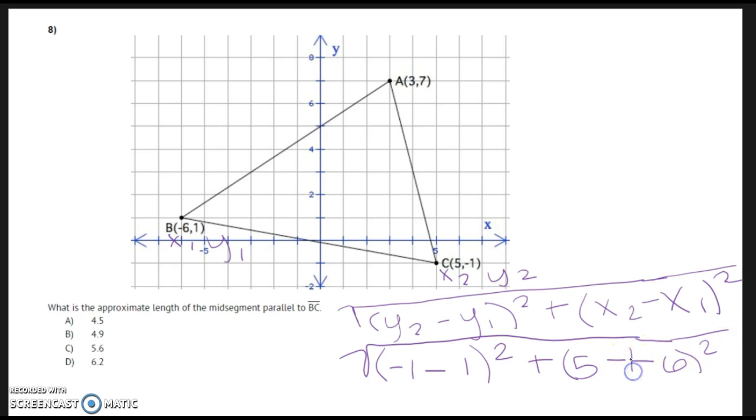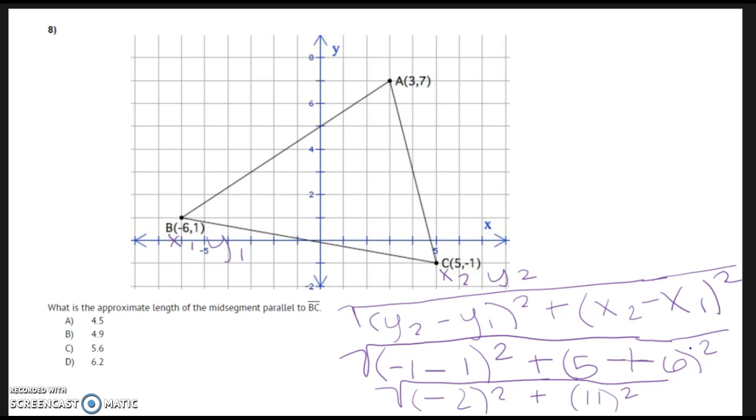That minus a negative turns into a plus sign, so just don't forget that. That's going to be square root of negative 2 squared plus, we have 11, 5 plus 6, 11 squared.